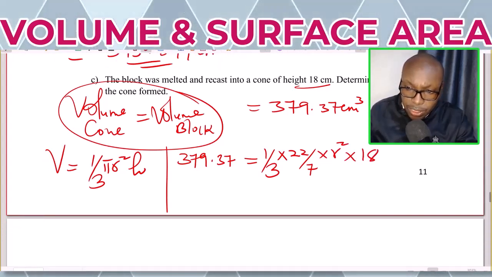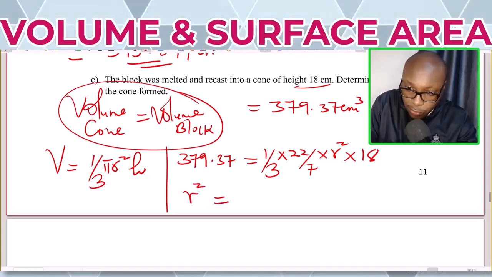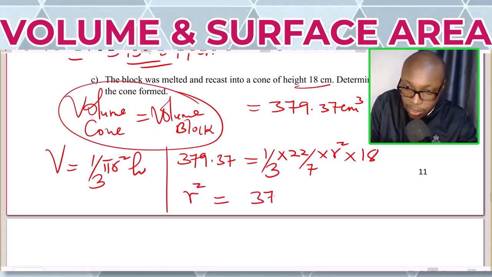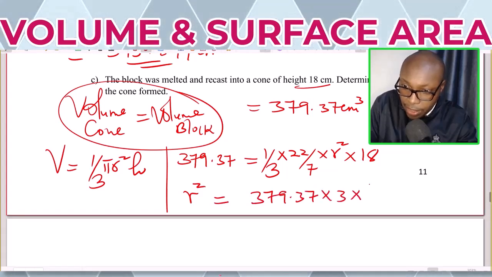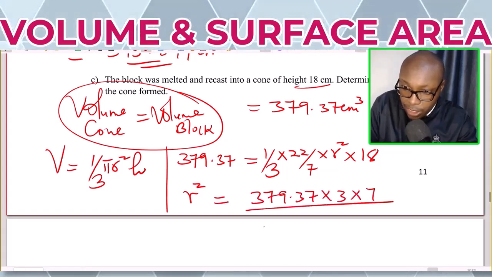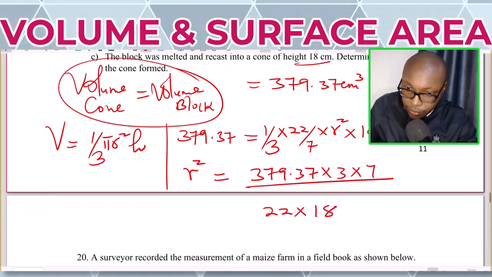So what we need to do is just to make r the subject. So make r squared the subject of the formula, and r squared will be 379.37 multiplied by 3 multiplied by 7, everything divided by 22 times 18.